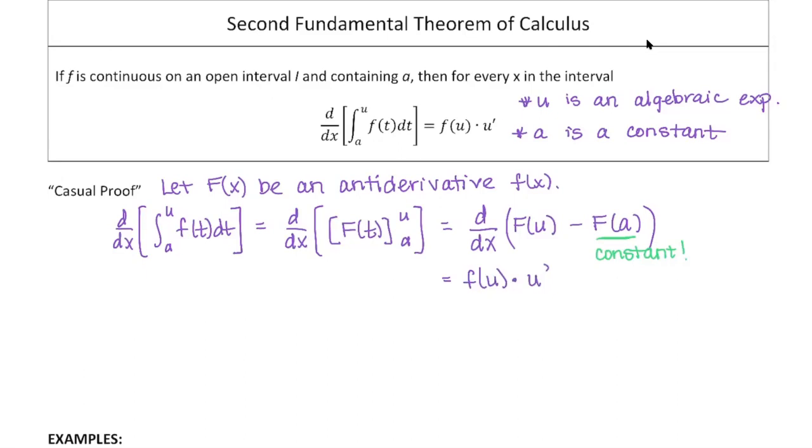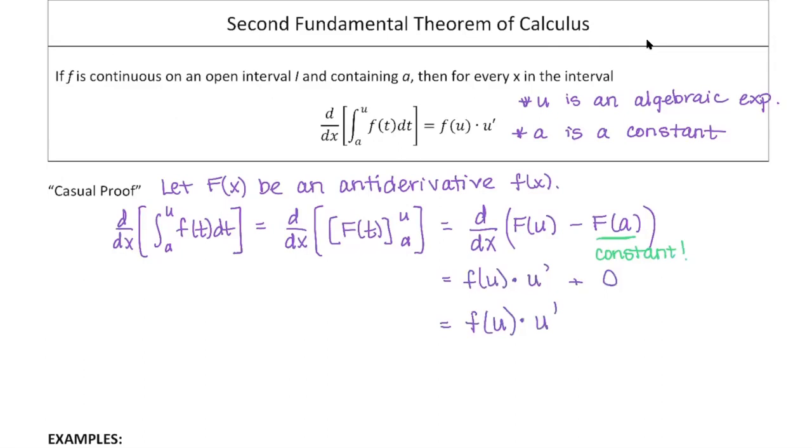The derivative of F of a is going to be 0 because that's what happens when we take the derivative of a constant. So here is what we get. Ultimately, we get f of whatever u is times u prime. That's what happens when we take this derivative.